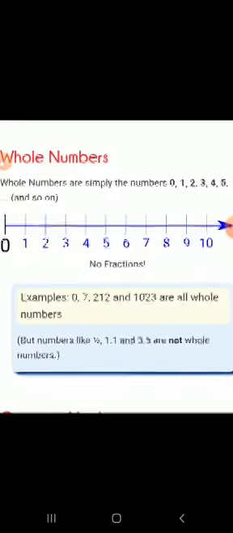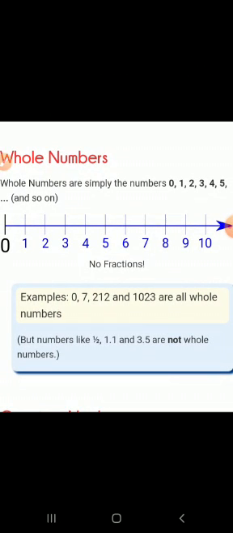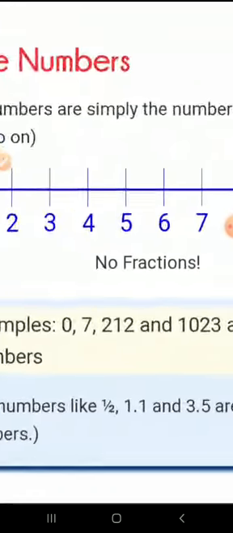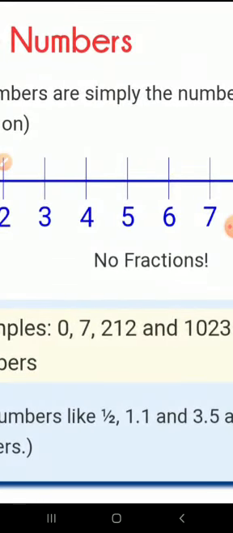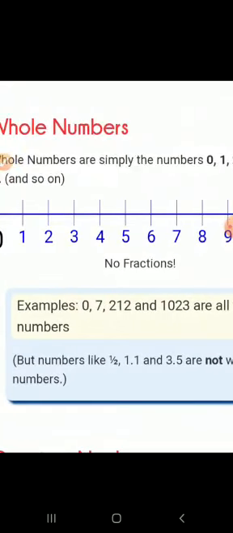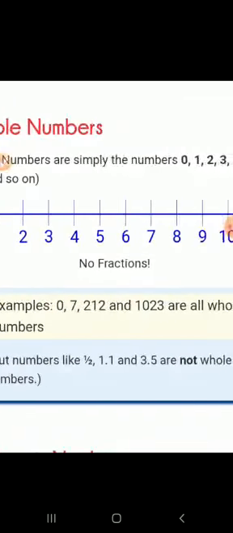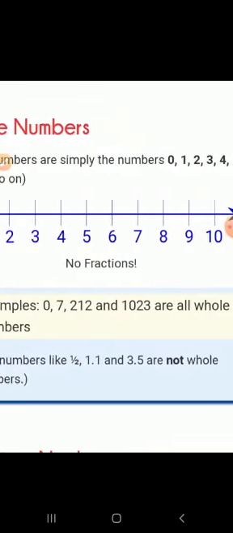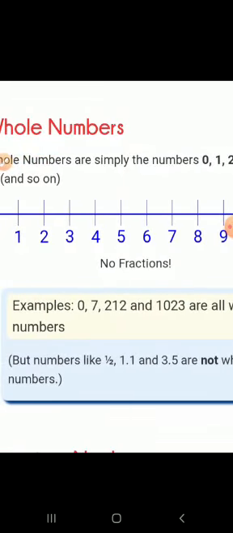So 0 plus natural numbers, that is giving you another category of numbers, that is the whole numbers. But one thing important to note down here, no fractions are being included in this category. So examples we can see 0, 7, 2, 1, 2 and 1023. All these are examples of whole numbers.